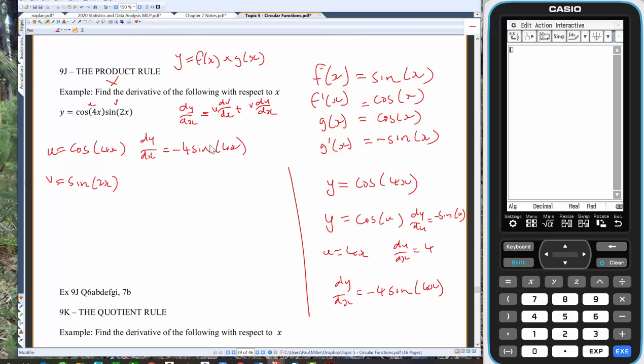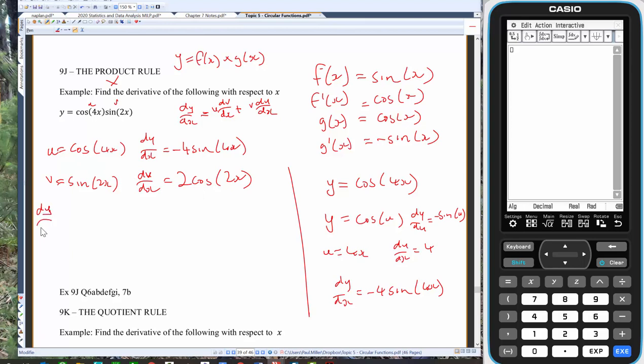I hope you don't need the chain rule to do that, because that rule is also on your formula sheet. Just use the formula sheet to remind yourself what to do with that coefficient. All right, dv dx equals 2 cosine 2x. Now these get multiplied.